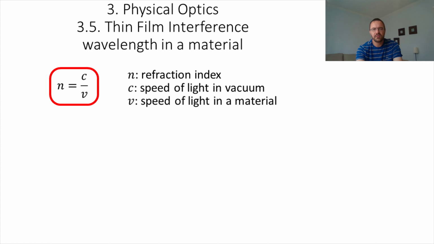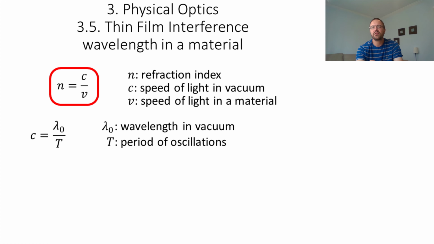The fact that the speed of light is different also means that the wavelength is different. And you can see that if you remember that the wave speed is equal to lambda over T. So in vacuum, we will have c equal lambda 0 over T, where lambda 0 is the wavelength in vacuum and T is the period.